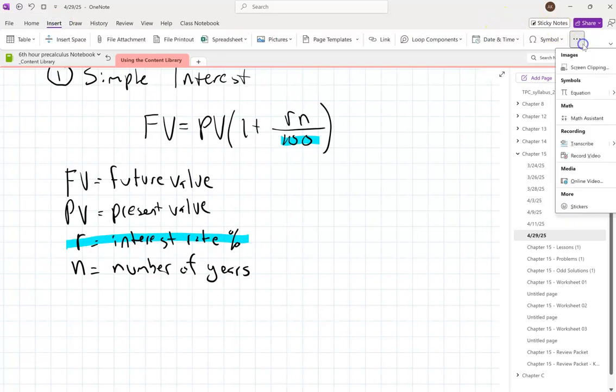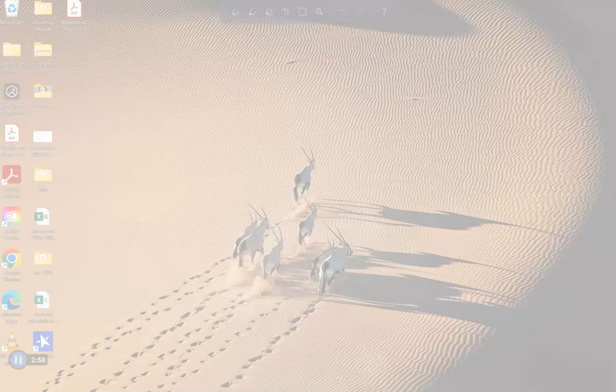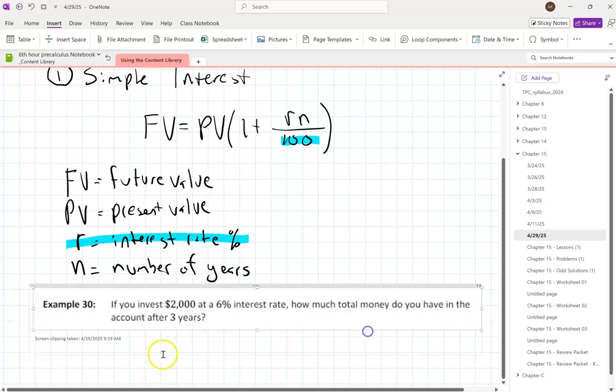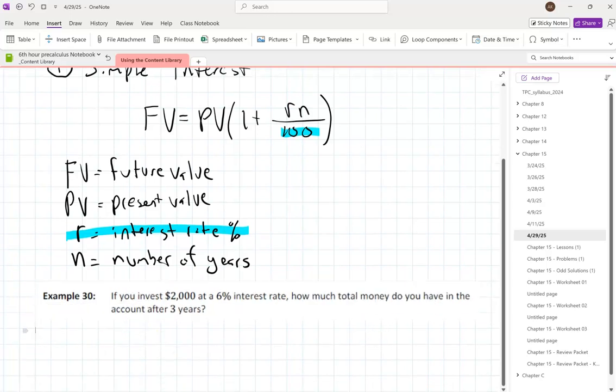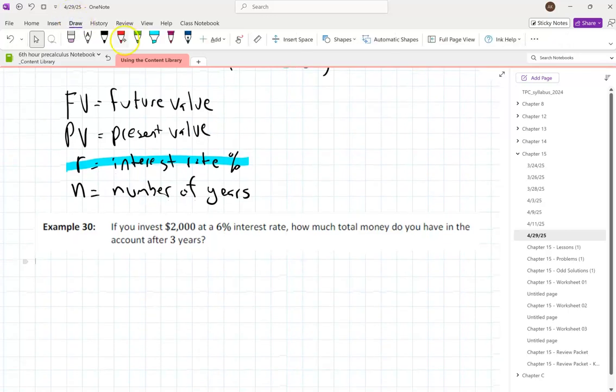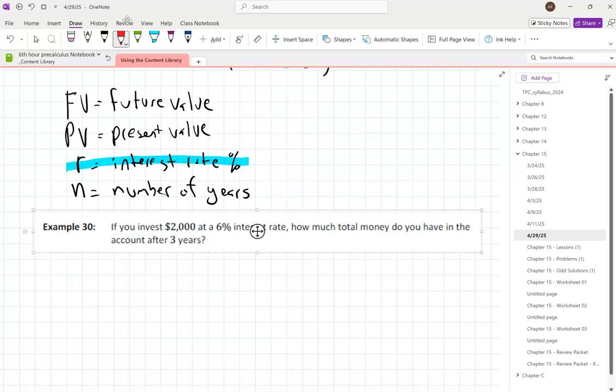Let's do an example problem. If you invest $2,000 at a 6% interest rate, how much total money do you have in the account after 3 years? Notice that the interest rate doesn't contain the term compound, so we know we're talking about simple.